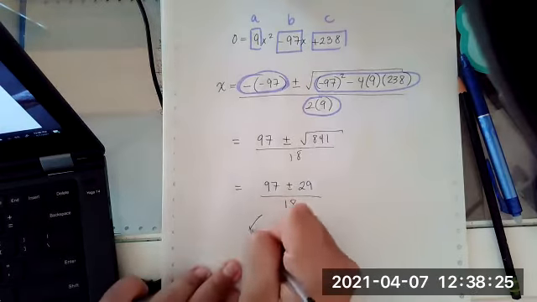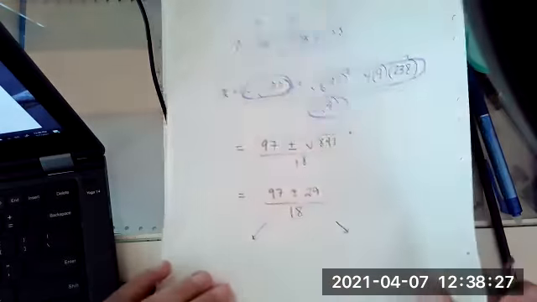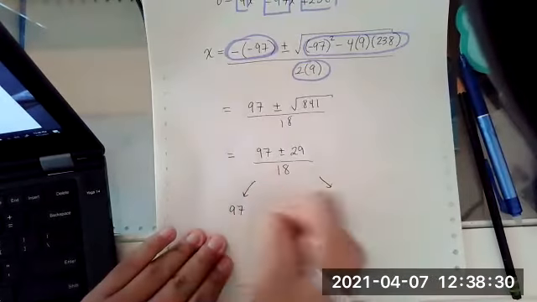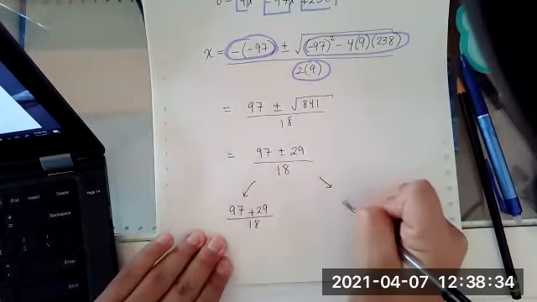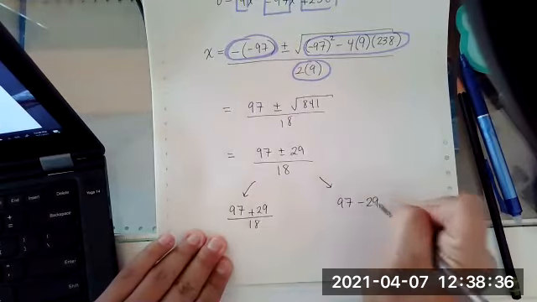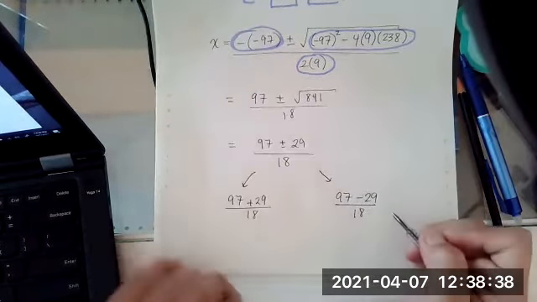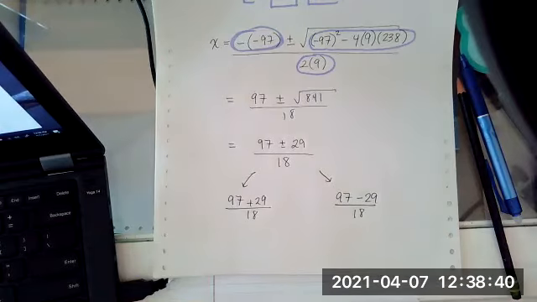So let's split this up into 97 plus 29 over 18 and 97 minus 29 over 18. And then we can actually do the addition or the subtraction.